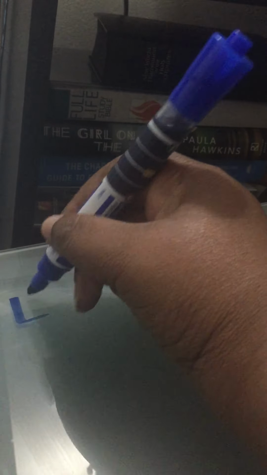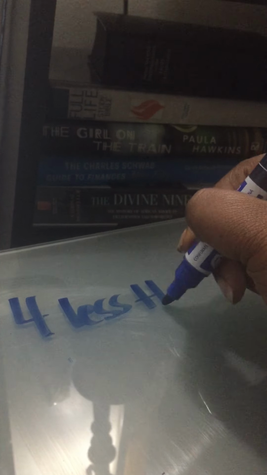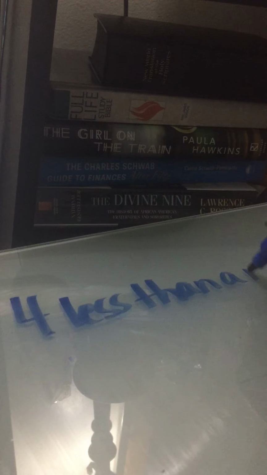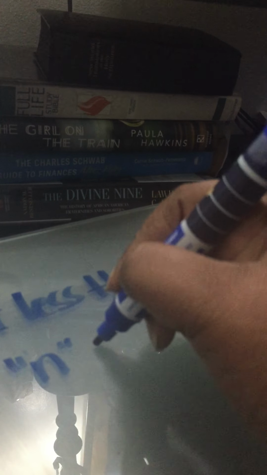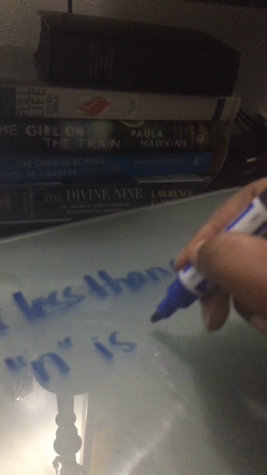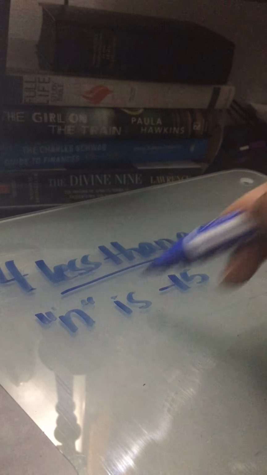So let's write that here and see how we would solve that. 4 less than a number n is negative 15. Okay? Alright, so this part right here tells me some things.